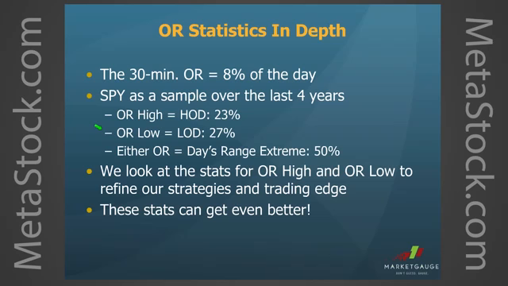I did the math properly and said, what are the odds that either one will be the high or the low of the day? And again, we're talking about the first 30 minutes of the day, which represents 8% of the day, and yet 50% of the time, the high or the low will be put in during that period.